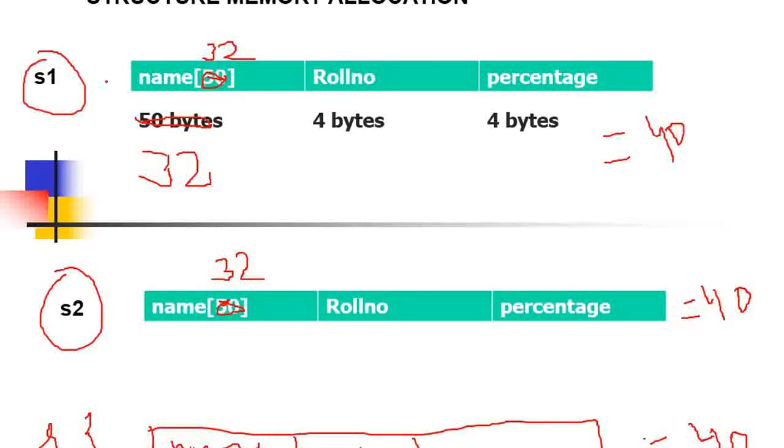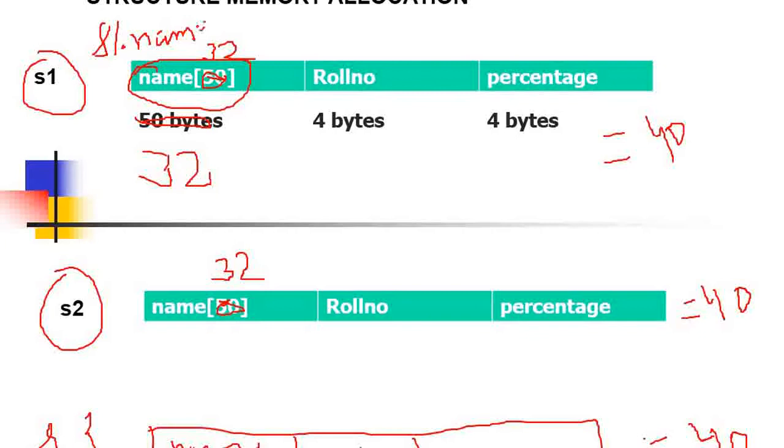When we need to access this name, we need to write s1, dot will be the access operator that I have told you about, s1 dot name.